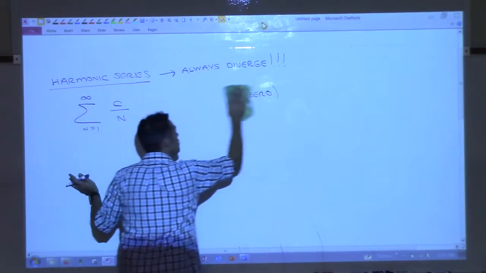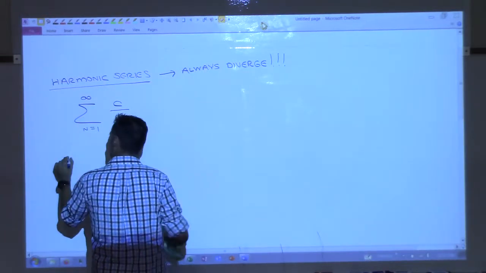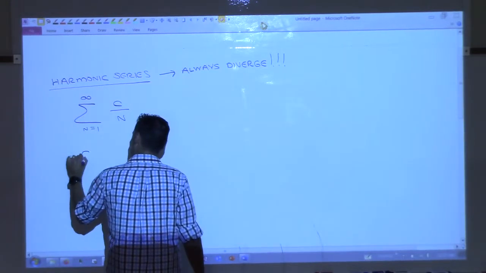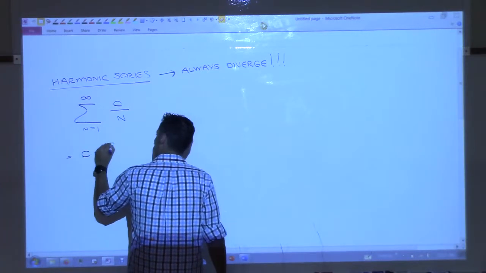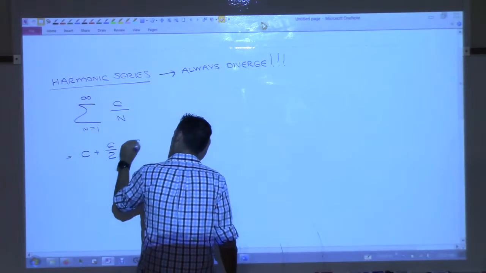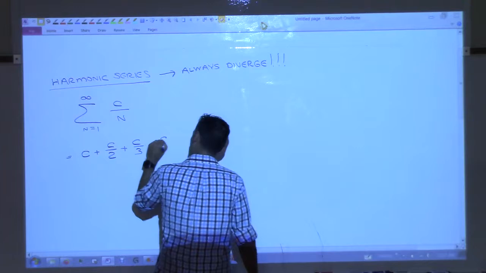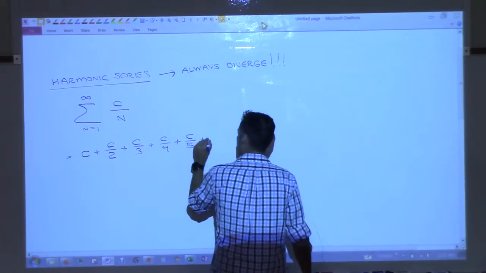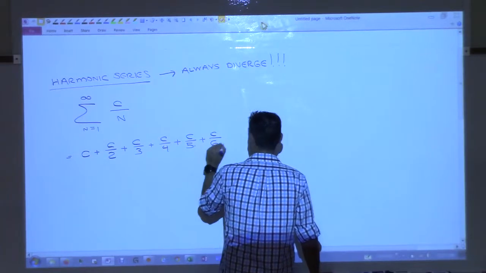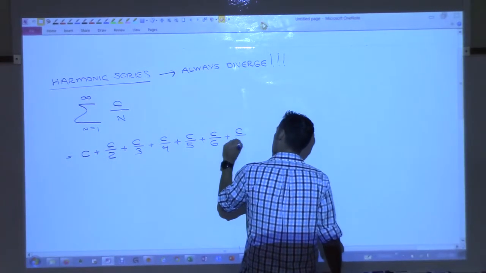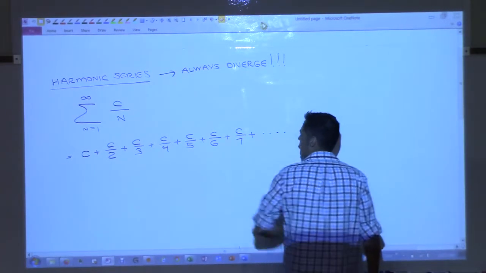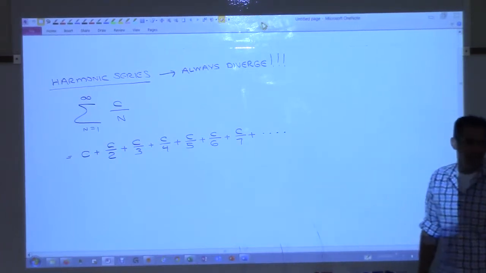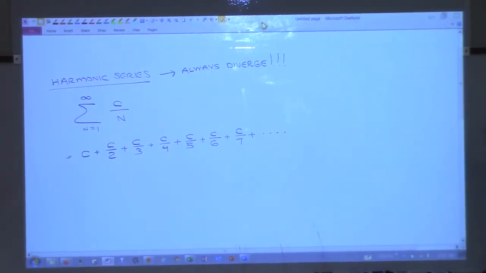So here we go. This right here is equal to C plus C over 2 plus C over 3 plus C over 4 plus C over 5 plus, this is going to be hard to do, plus C over 7 plus dot, dot, dot. This is going to be hard.